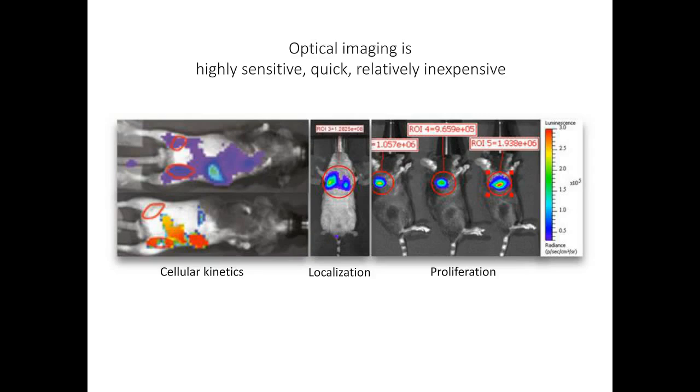And so if these cells are expressing the different types of luciferases, you can actually look at trafficking patterns. On the left-hand panel is actually a study of immune cell trafficking over time. The top and bottom is just differentiating between different types of treatments that the animal underwent. And the circles there are showing the expression or the trafficking of the T cells to certain lymph nodes.